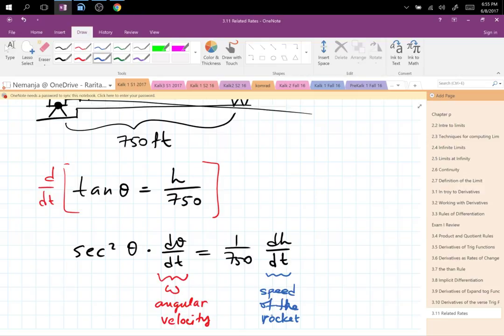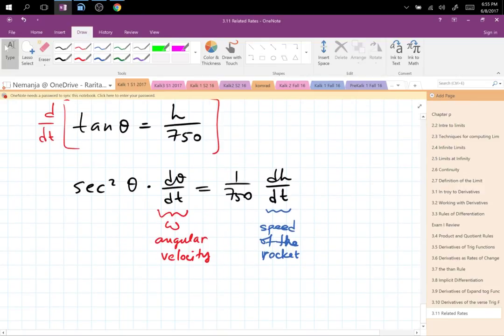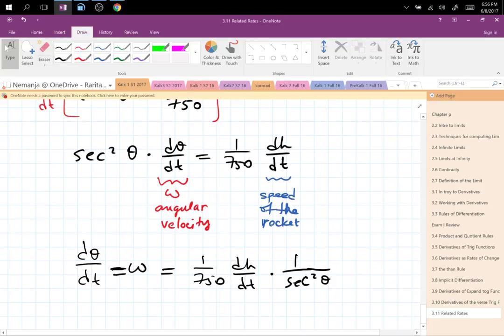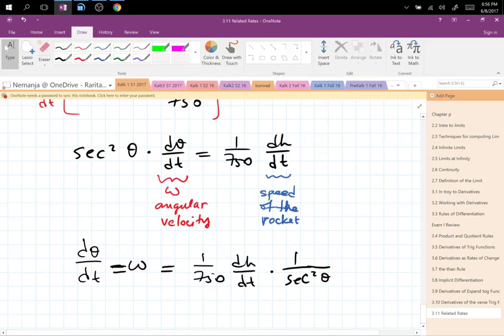So now I can solve this for d theta dt, because d theta dt, which is omega, is equal to, you move secant to the other side, so you will have 1 over 750 dh dt times 1 over secant squared theta. But what is 1 over secant squared? Cosine squared. Nice.